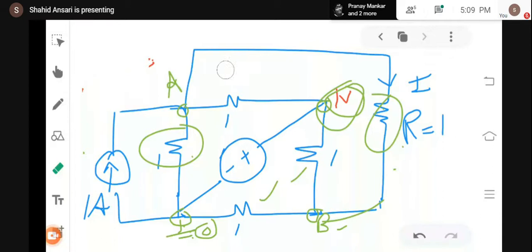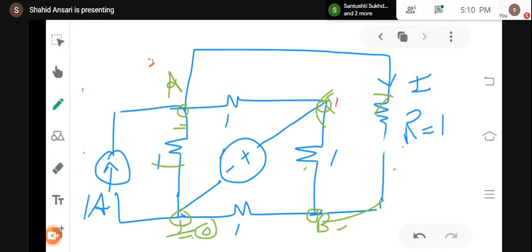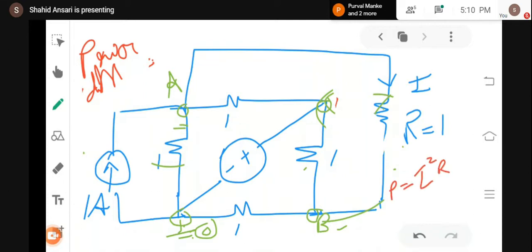To find power dissipated, we have the formula I square R. Remember one thing: whenever you are finding power dissipated in a passive element, you will use I square R. And whenever you find power delivered or absorbed by a source, you will use power equals V into I. Remember this.